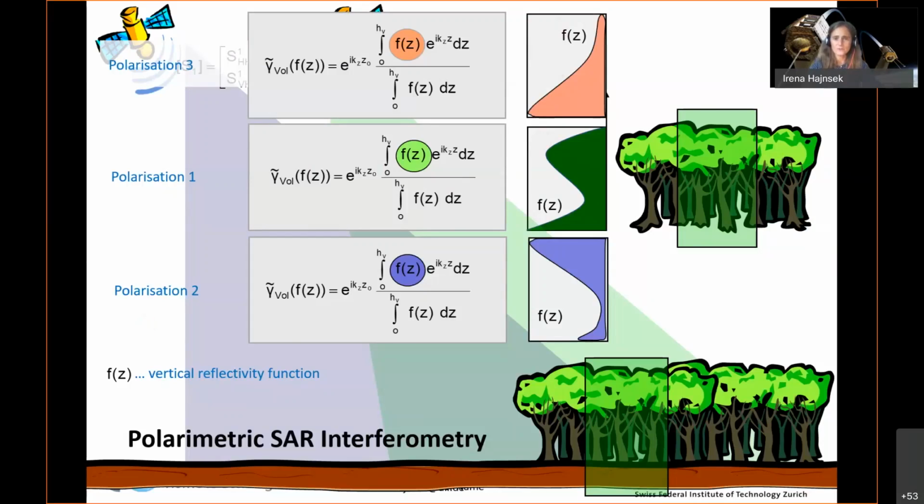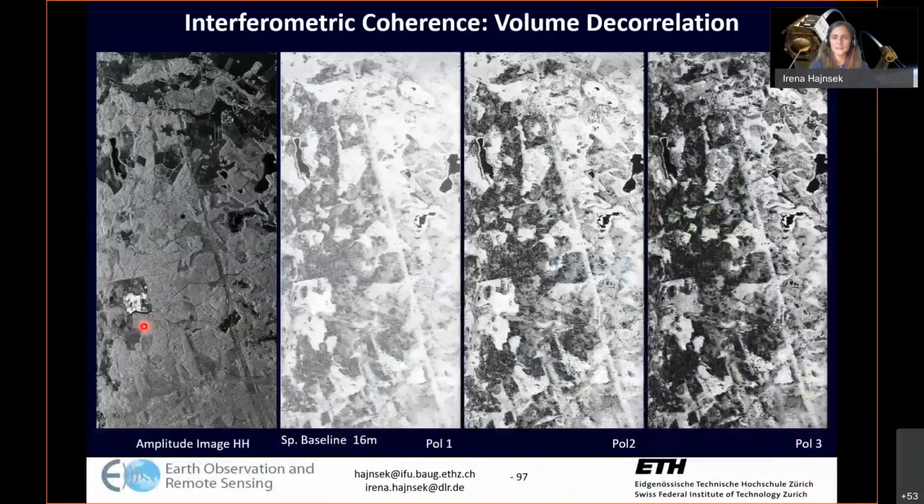I just like to show this very shortly again here in my example of the interferometric coherence with the volume decorrelation. It's again very generally displayed. So we have the same image as before with the baselines. We are fixing the baseline to 60 meter and we are choosing a different polarization.